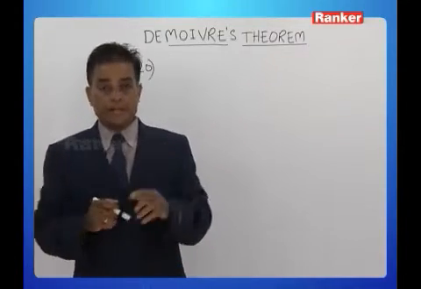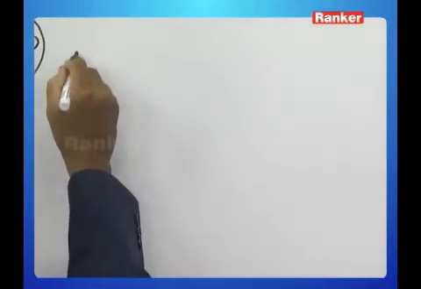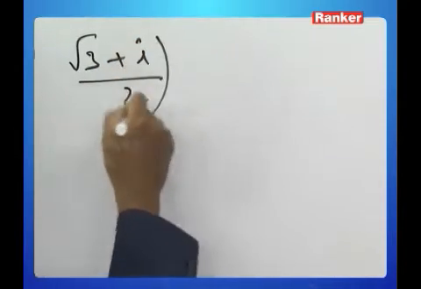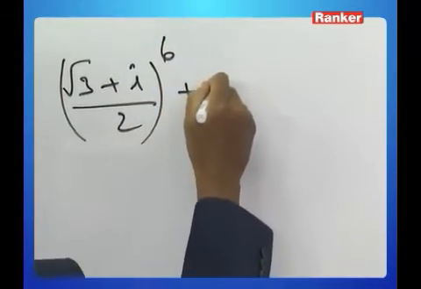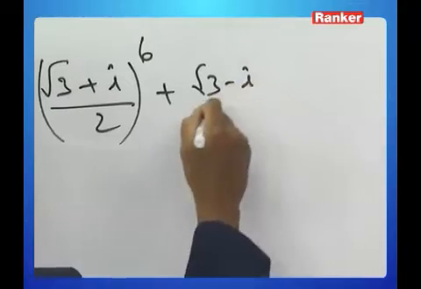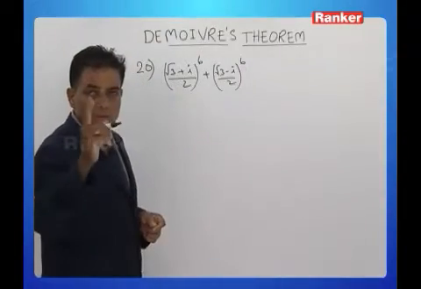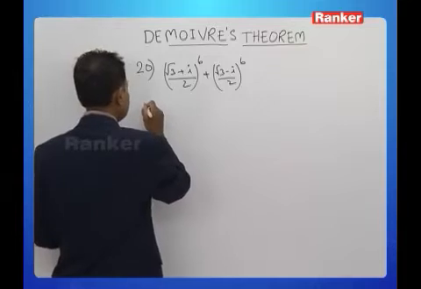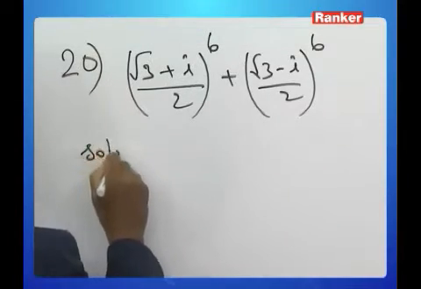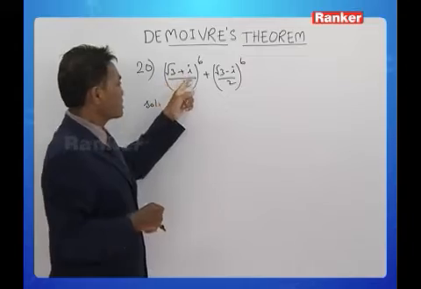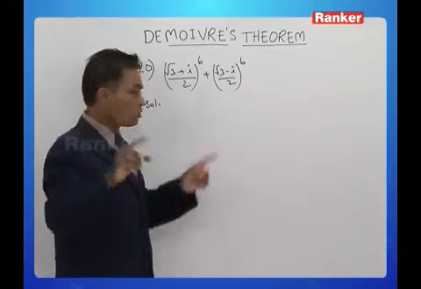Question number 20. Root 3 plus i by 2 power 6, root 3 minus i by 2 power 6. I am converting into mod amplitude form. Root 3 square plus 1 square, root 4, 2, 2 by 2, 1.